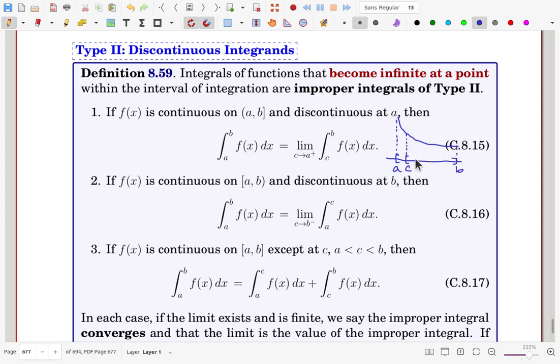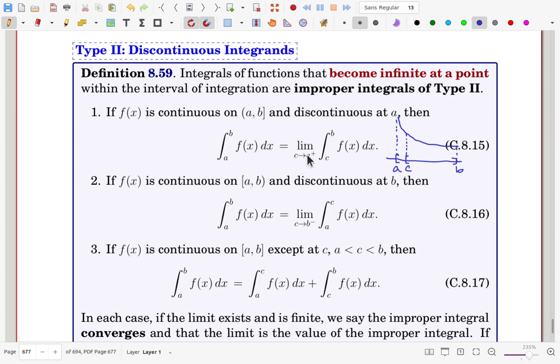So the range of the function over c to b is bounded and finite, so we can get the integral by using a conventional technique. After getting the integral as a function of c, we push c to a from the right side. That is exactly that one. In this way, we get the improper integral of type 2.